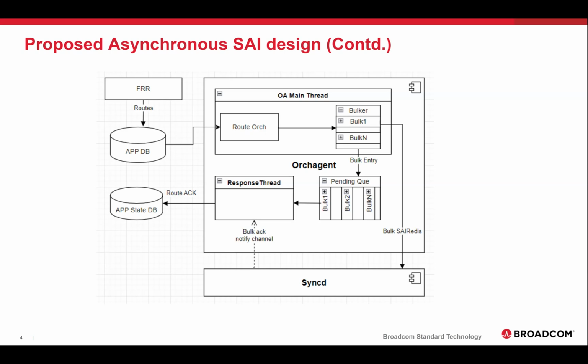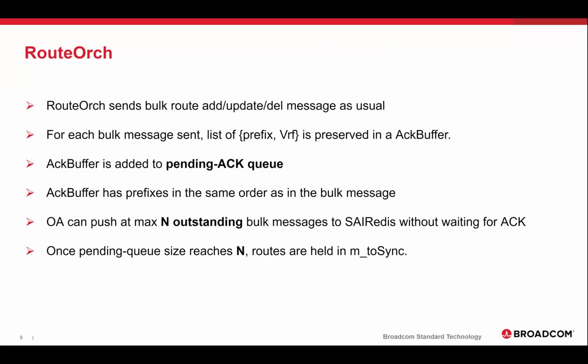With respect to route orch, it will send the bulk add, update, delete messages like it is currently doing. With each bulk message sent, we'll save a list of prefix and VRF context information, preserved in something called the ACK buffer. This ACK buffer is added to a pending queue, and it has the route prefixes in the same order in which the initial bulk request was sent.